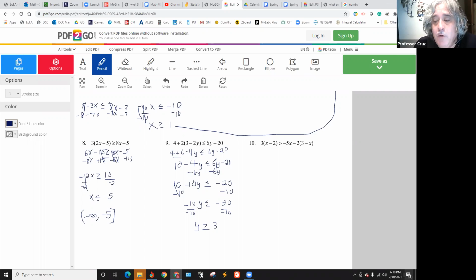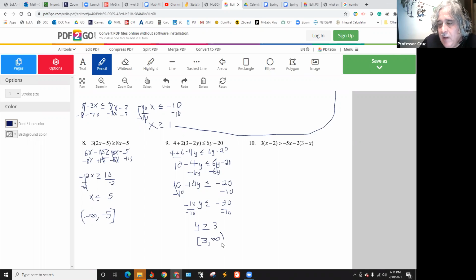That's the key. If you have 3 is less than or equal to y, that's the same thing. But are you able to graph it like that, or write the interval notation like that? As long as you're able to do that, then you're fine, because it's only one thing it's going to be. For example, this is y greater than or equal to 3.